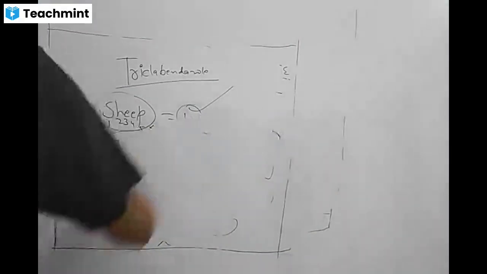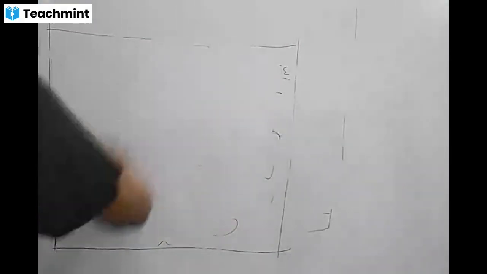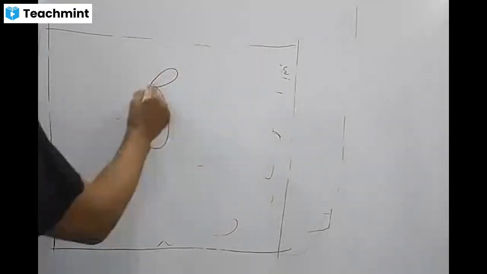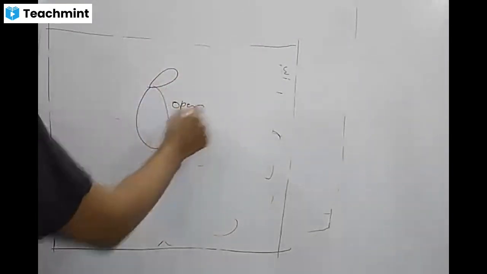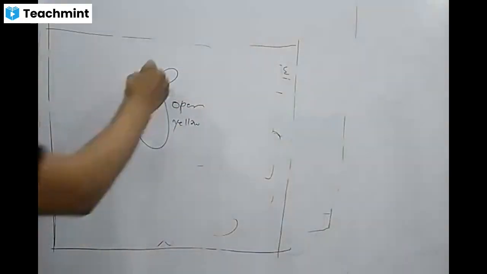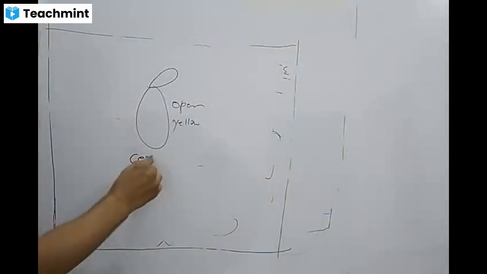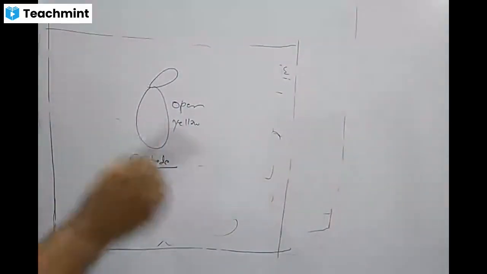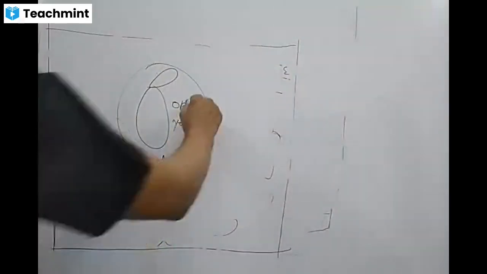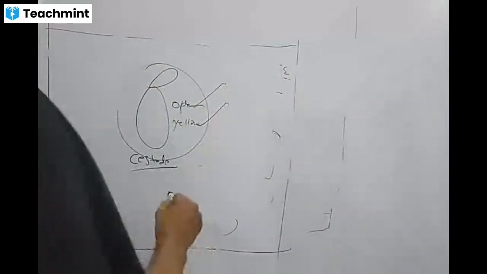Then about the diagnosis, there is one MCQ: operculated egg, yellowish egg. Which cestode has eggs similar to fasciola? That is operculated, yellowish in color.